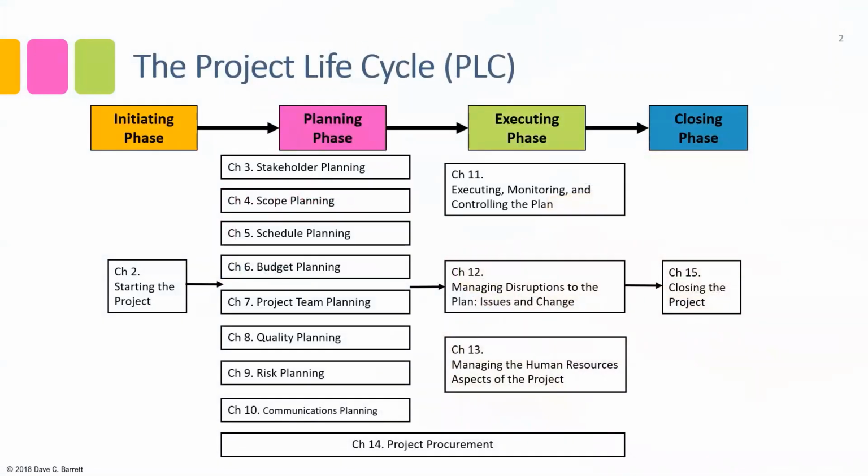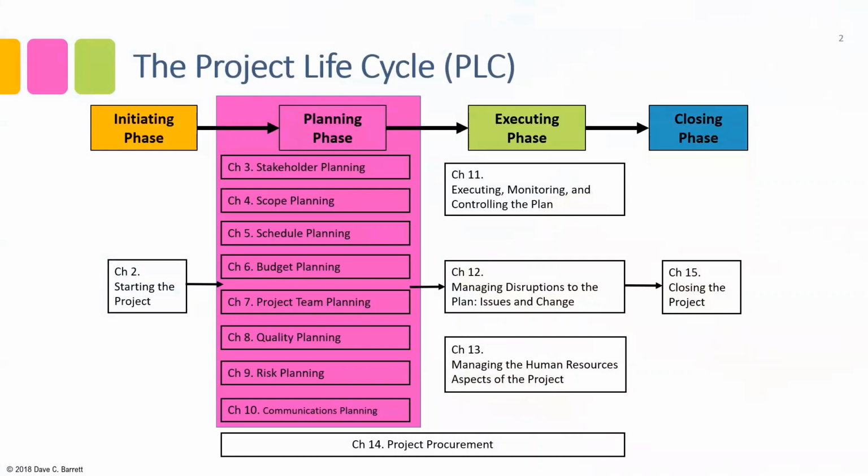As usual, here's the project life cycle as a reminder, and we can see the 4 phases, and we can see that Chapter 4 is within the planning phase, scope planning. And just a quick reminder that the sequential nature of these chapters is not meant to suggest that planning is done sequentially like this, that first you do stakeholder, then you do scope planning, then you do schedule, then you do budget.